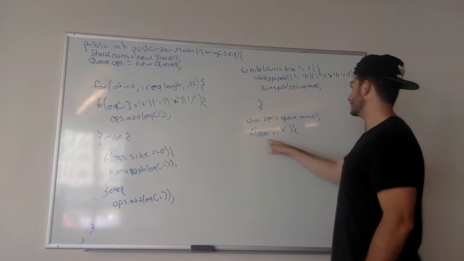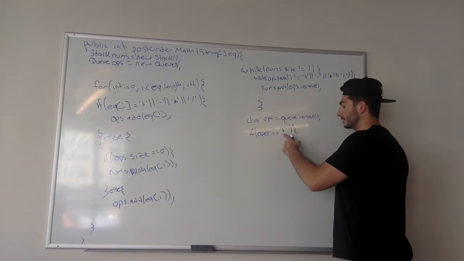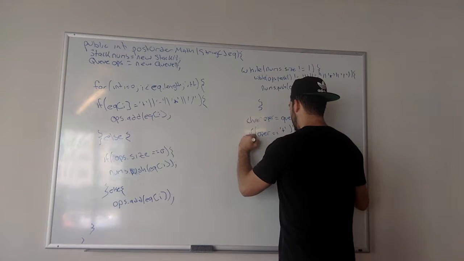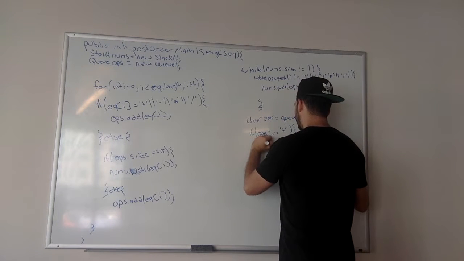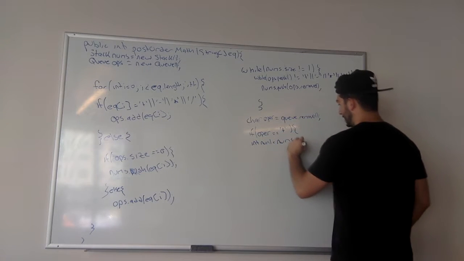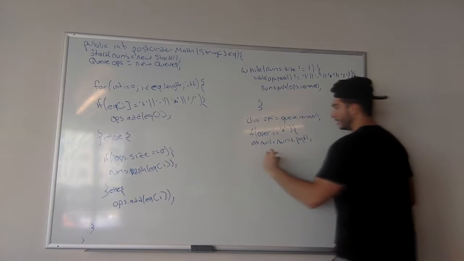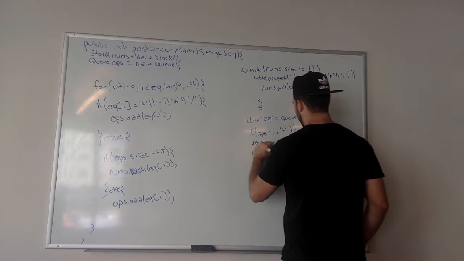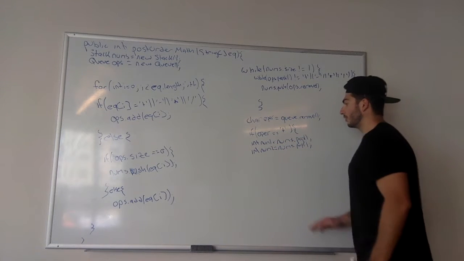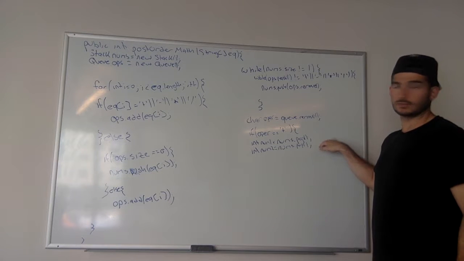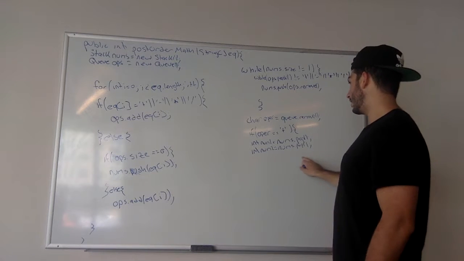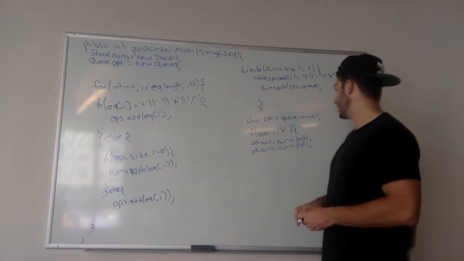So if the character is the addition operator, I'm going to create two integer variables called num1, and then we're going to pop a number off the stack, and I'm going to create another one, num2, and again we're going to do the same thing, just pop the next number off the stack. So this will get the two top numbers off the stack in the correct order that we're dealing with them, so that we can perform an operation, in this case the addition one.